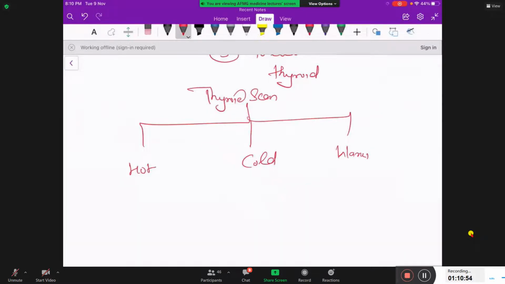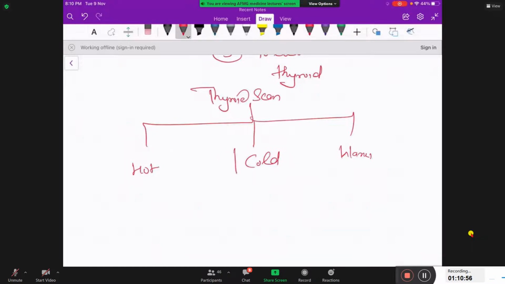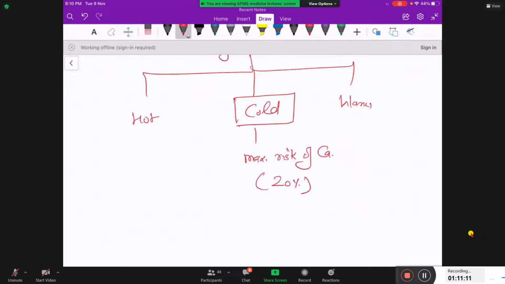And out of hot, cold and warm nodule, cold nodule has the maximum risk of carcinoma. The risk of having malignancy is there in cold nodule and that risk is 20%.